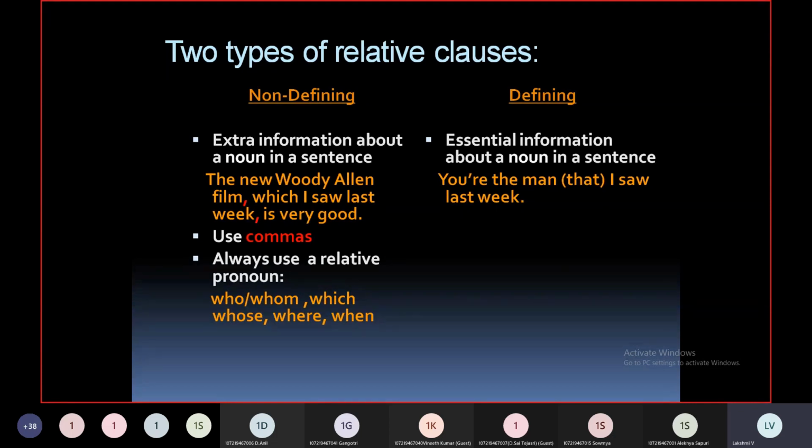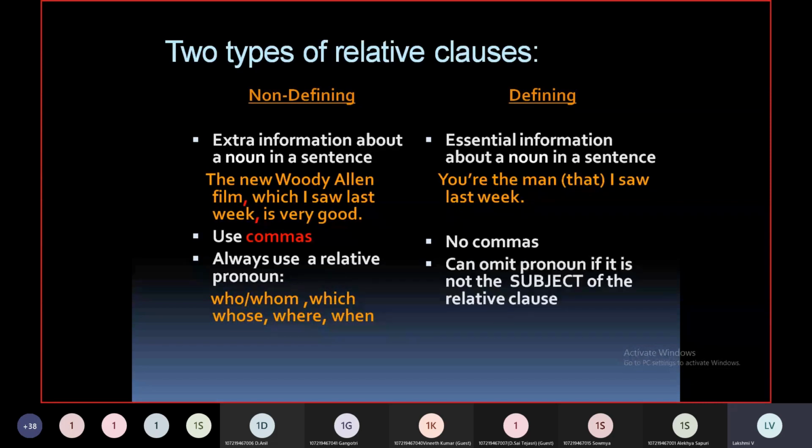This is the example. You are the man whom I saw last week. You are the man that I saw last week. So here it is essential information. I'm talking about the man whom I saw last week. Essential. So here there won't be any extra information.